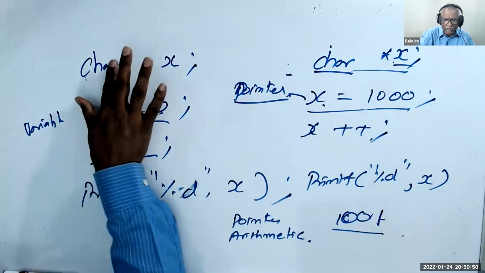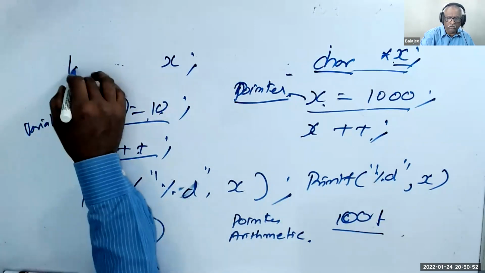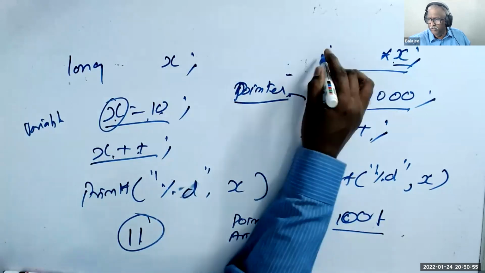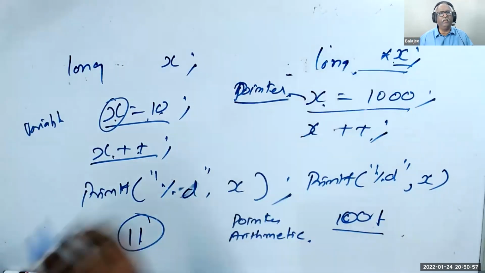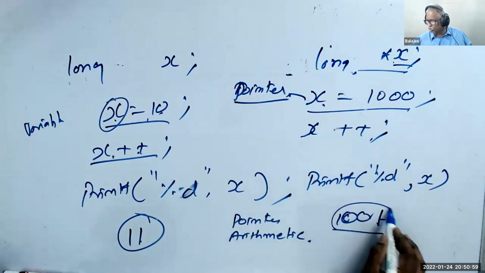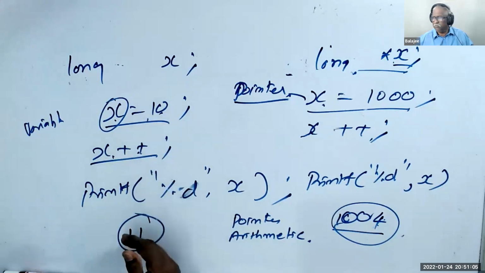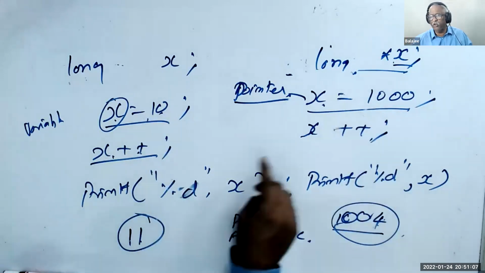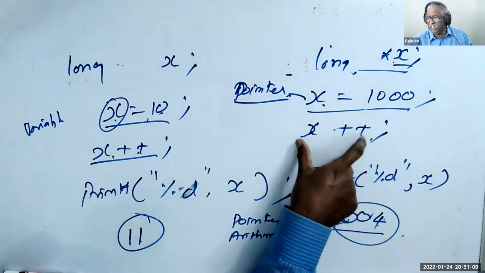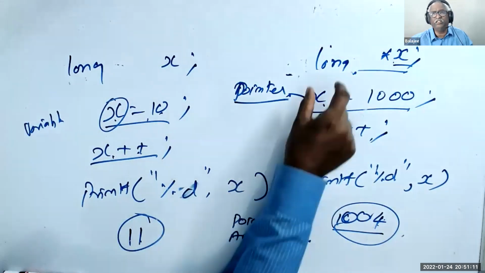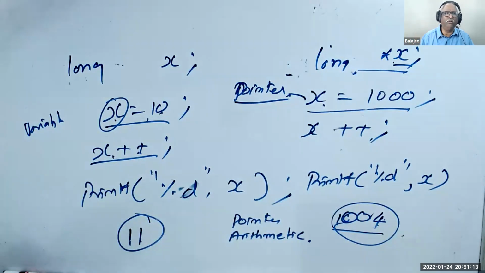But if I put long instead of char, then the increment changes. I get 1004. Here I get 11 because this is normal variable increment, but this is pointer arithmetic. When you increment the pointer, it will increment based on the size of your declaration. Please get it.